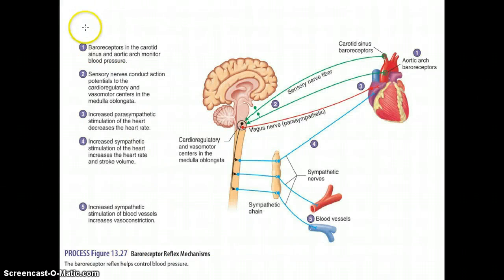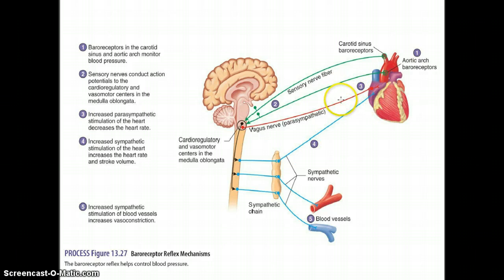All right, so here are the baroreceptors, and this shows you what occurs. Here is some sensory input from the carotid sinus baroreceptors in the carotid artery and from the aortic arch baroreceptors. And these influence the parasympathetic branch of the autonomic nervous system to the heart itself, as well as sympathetic nerves.